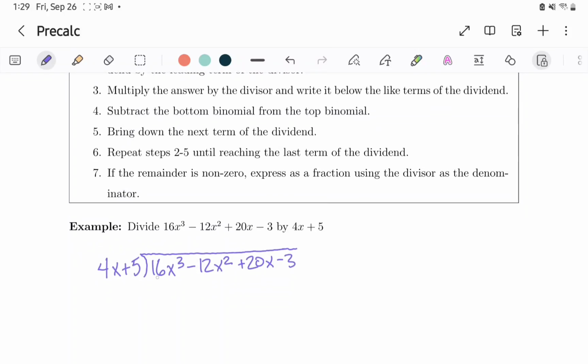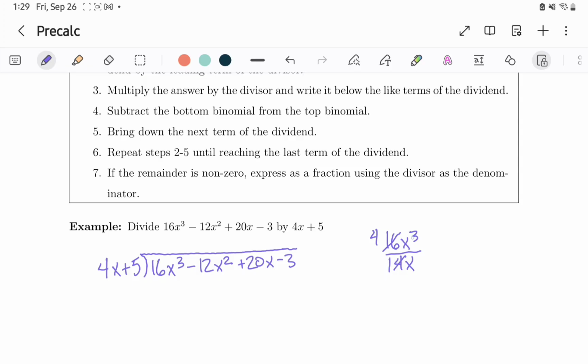So the leading term of the dividend here is 16x cubed, and the leading term of the divisor is 4x. So let's go off to the side and look at dividing 16x cubed by 4x. Well, the first thing we can do is we can cancel out. So 16 is equal to 4 times 4, or 4 squared. So we can cancel out a factor of 4 from 16 with the 4 in the denominator.